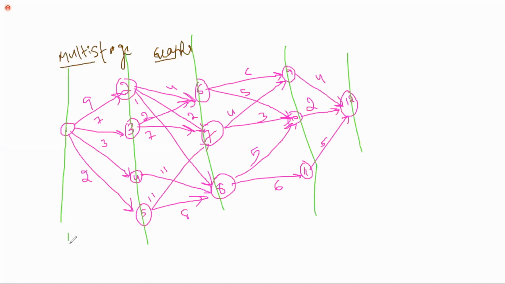So we find the shortest path from stage 1 to 2, next from stage 2 to 3, then stage 3 to 4, and then stage 4 to 5. So we are going from 1 to 12 through stages. That's why they have given the name multi-stage graph.